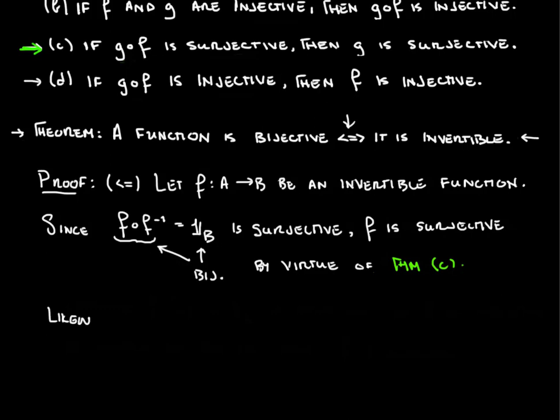Likewise, f inverse composed with f will give us the identity over A, and this is injective because the identity function is injective. And now we're able to use theorem D right here.